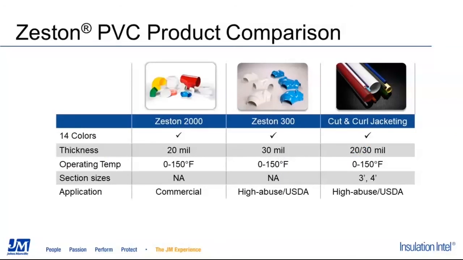You can obviously use the jacketing on the hottest systems as long as you have sufficient insulation to be below 150. Section sizes for cut and curl jacketing are in 3 and 4 foot lengths. Application-wise, 2000 is great for commercial applications. For more of the higher abuse and the wash-down USDA environment, we would recommend Zeston 300 and 30 mil cut and curl jacketing.